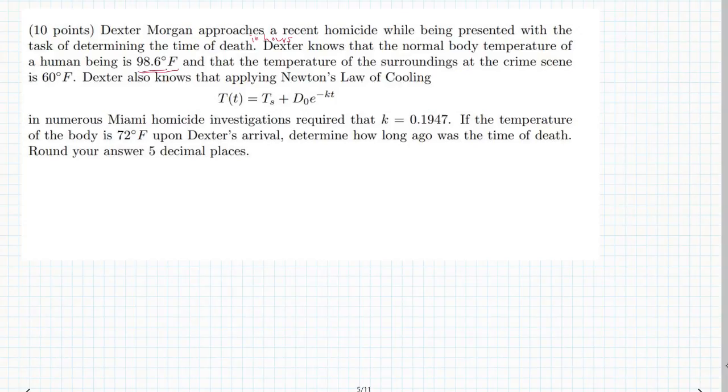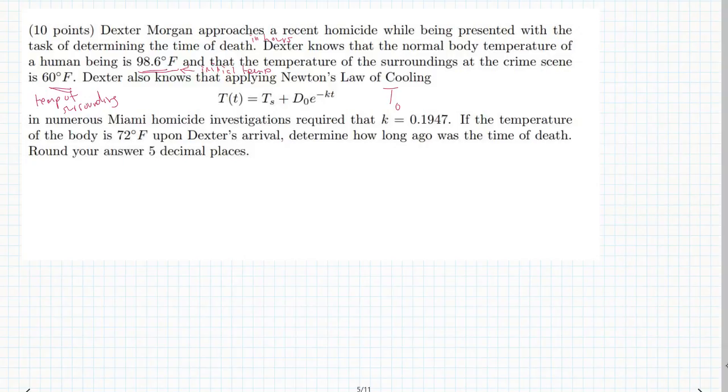So notice that 98.6 degrees, just reading through that, that's an initial temp. So I'll write that initial temp. And the 60 degrees Fahrenheit is the temperature of the surroundings. And Dexter also knows that applying Newton's law of cooling. Now, we might have seen a slightly different format in the class.